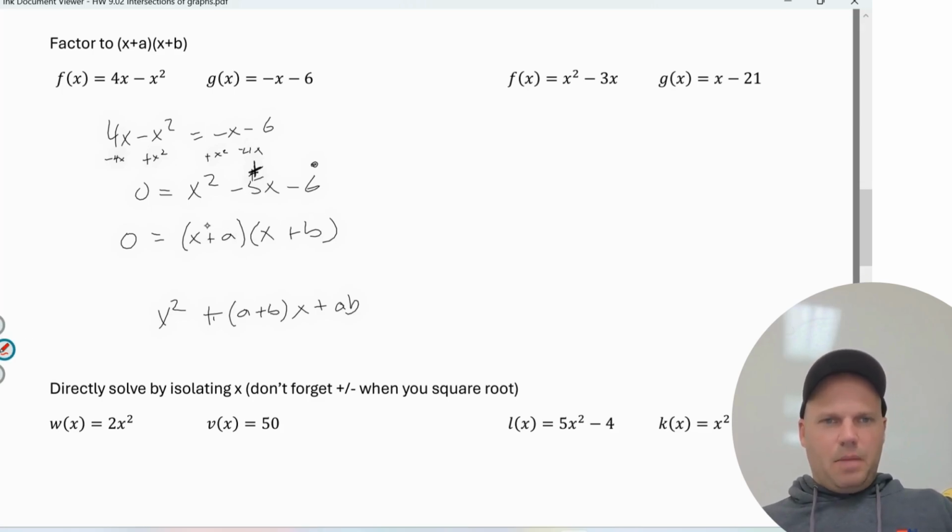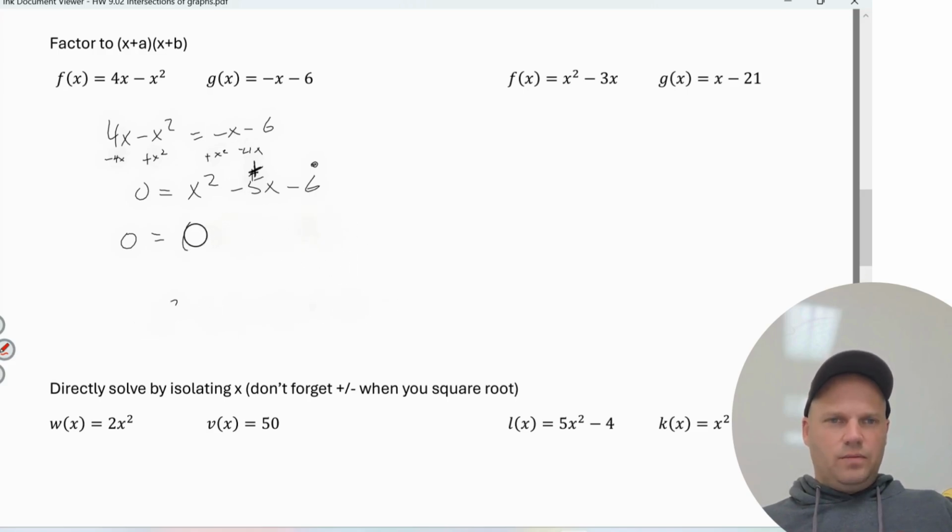So I know that minus 6 and positive 1 will multiply to get negative 6, but add to get negative 5. So this is what we call factoring. And it's because we know about distribution that we know we can factor, or at least attempt to factor. Not everything is factorable.